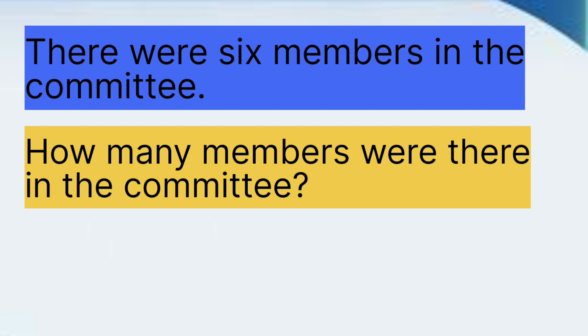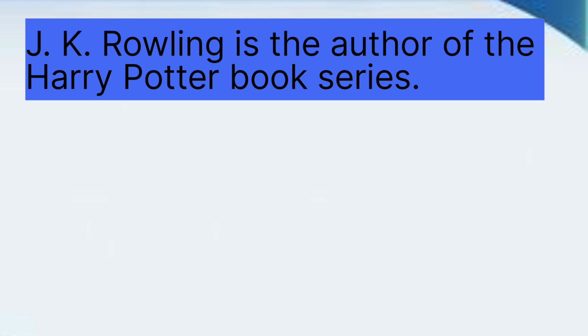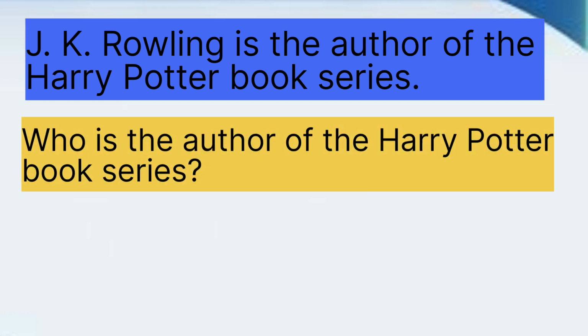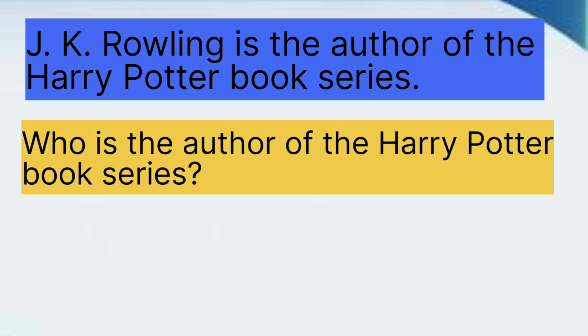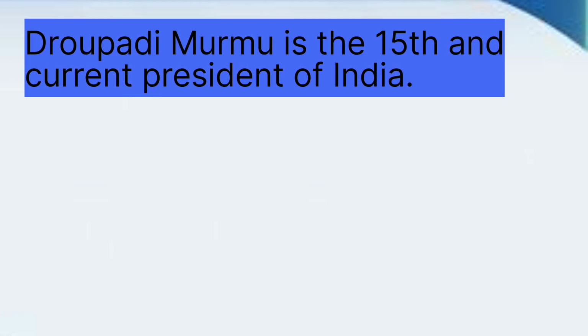Next example. J.K. Rowling is the author of the Harry Potter book series. The underlined part is J.K. Rowling. WH question is, who is the author of the Harry Potter book series? Next example. Draupadi Murmu is the 15th and current president of India. The underlined part is Draupadi Murmu.